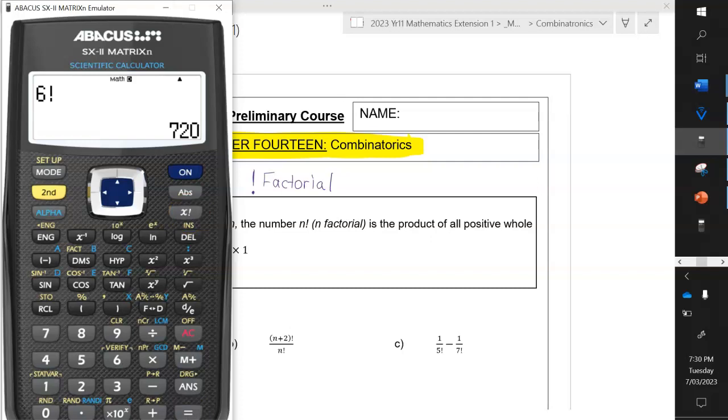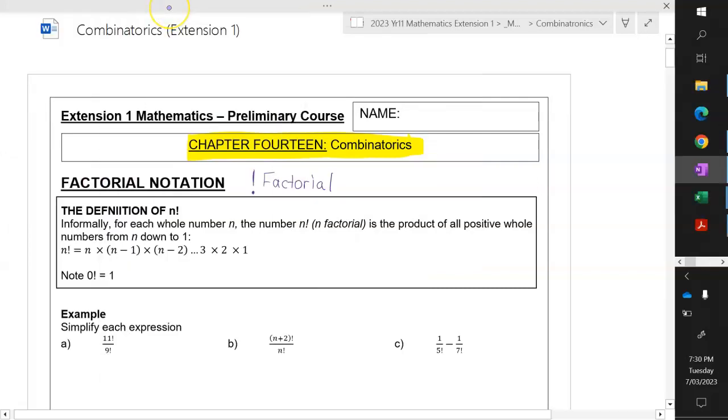But what does 6 factorial mean? So I'm going to write that one in here. So 6 factorial, using our definition, is the number 6 multiplied by all the numbers below 6 until we get to 1. So that would be 6 times 5 times 4 times 3 times 2 times 1.